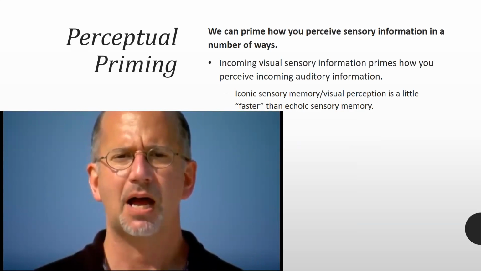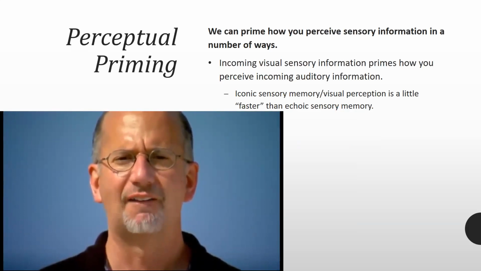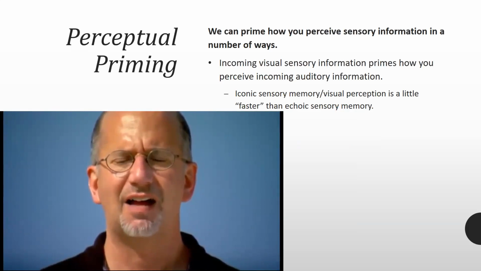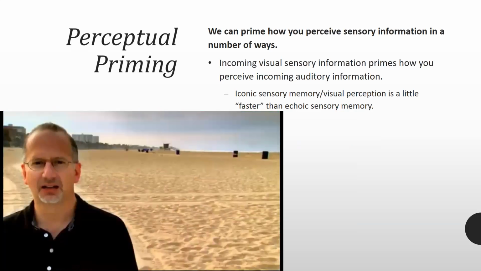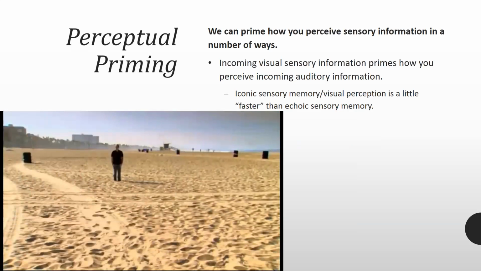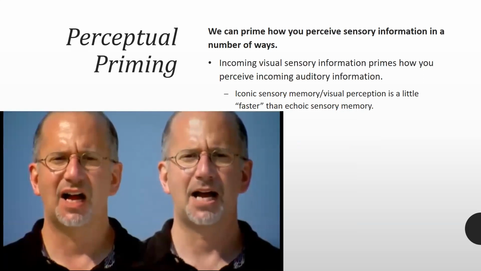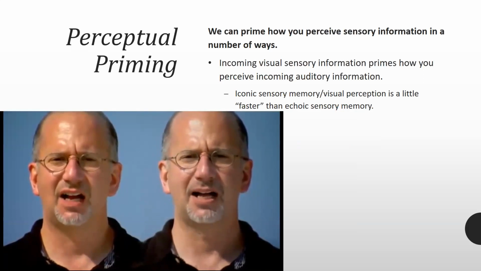But look what happens when we change the picture. And yet, the sound hasn't changed. In every clip, you are only ever hearing ba with a B. It's an illusion known as the McGurk effect. Take another look. Concentrate first on the right of the screen. Now to the left of the screen.